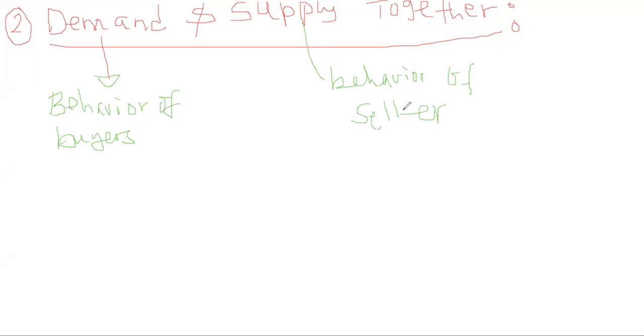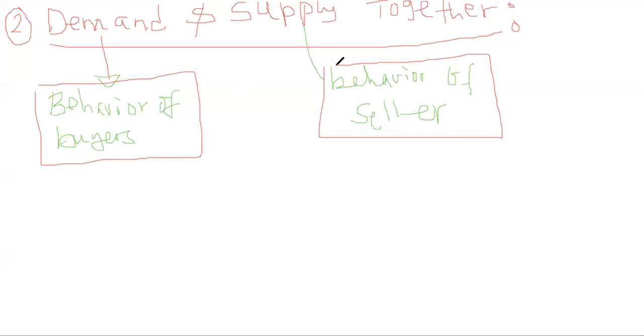First, what we have done, we have looked at them separately, in isolation. But obviously, buyers don't make decisions in isolation, and sellers don't make decisions in isolation. They have to interact with each other.